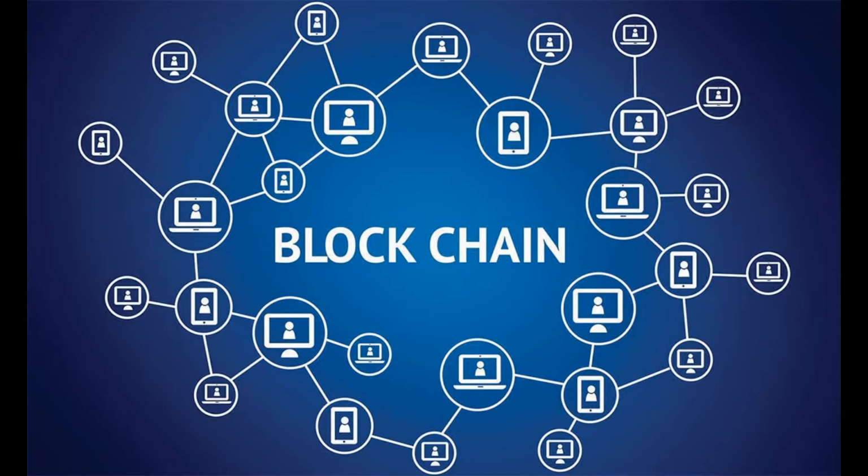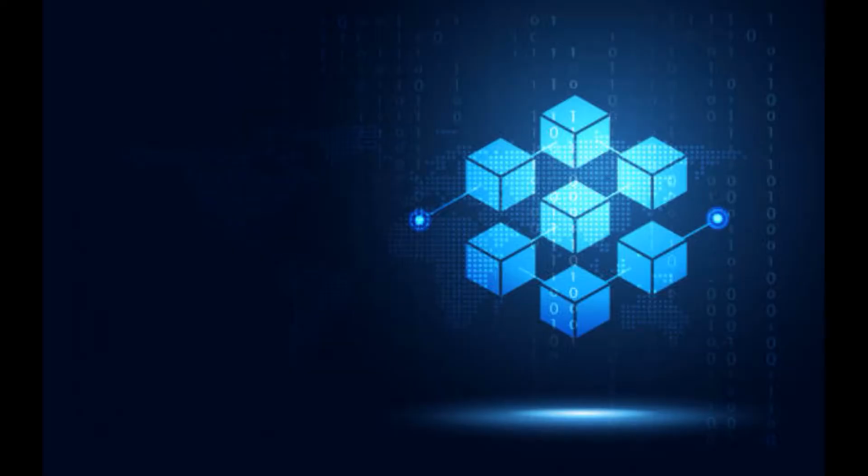The decentralized database managed by multiple participants is known as distributed ledger technology, or DLT. Blockchain is a type of DLT in which transactions are recorded with an immutable cryptographic signature called a hash.